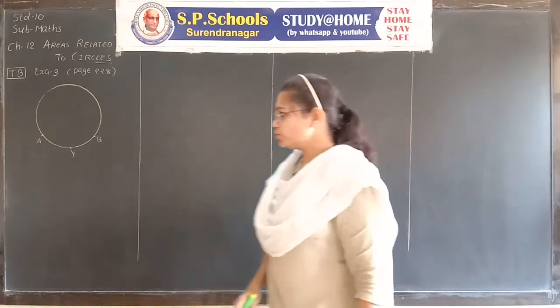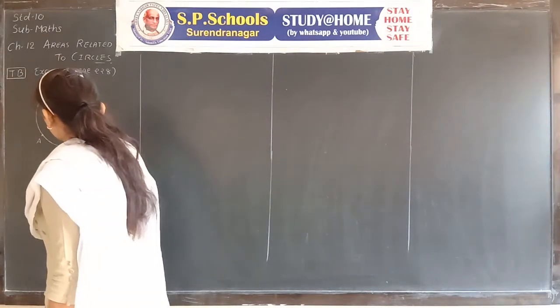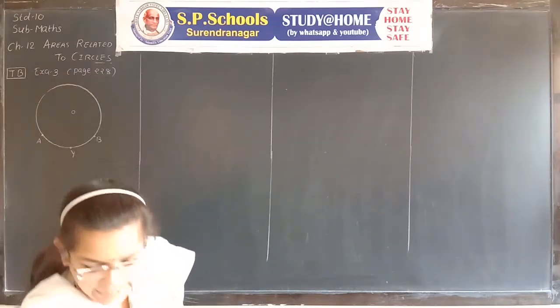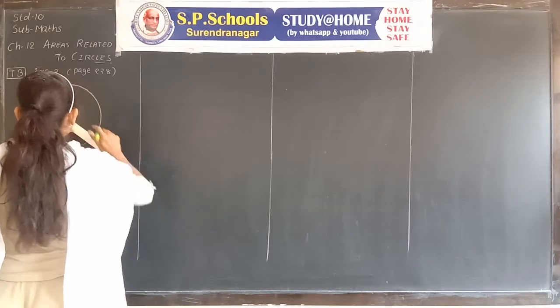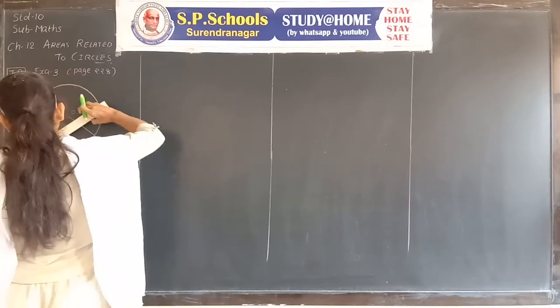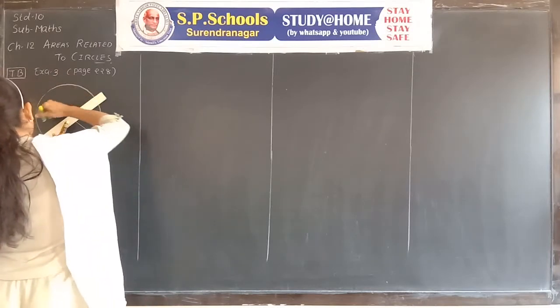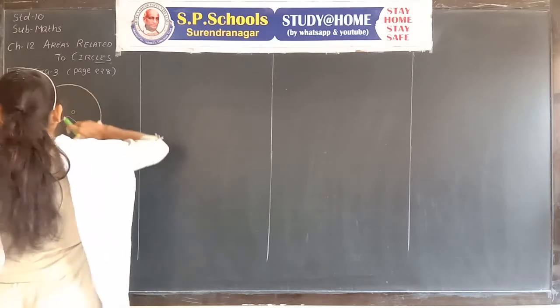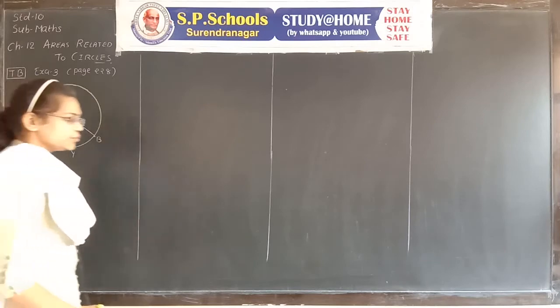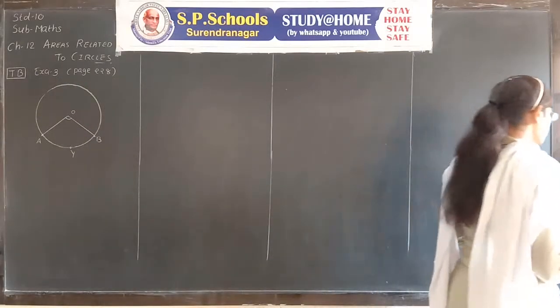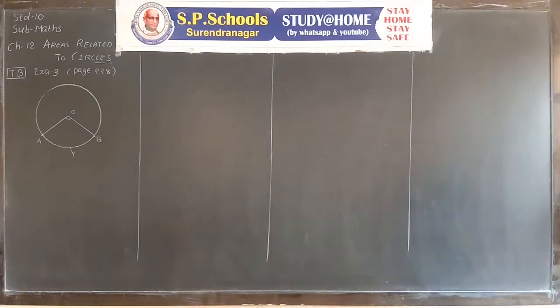So we need to join the center O with point A and point B, O to B and O to A. It is 120 degrees. We need to find the area of segment AYB.